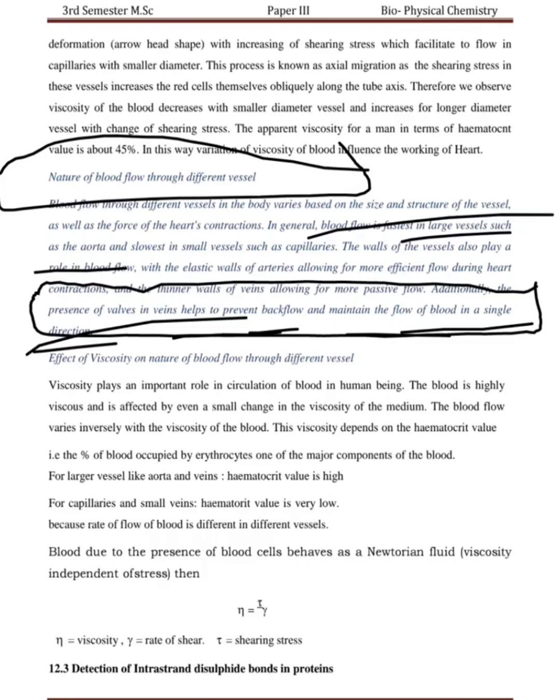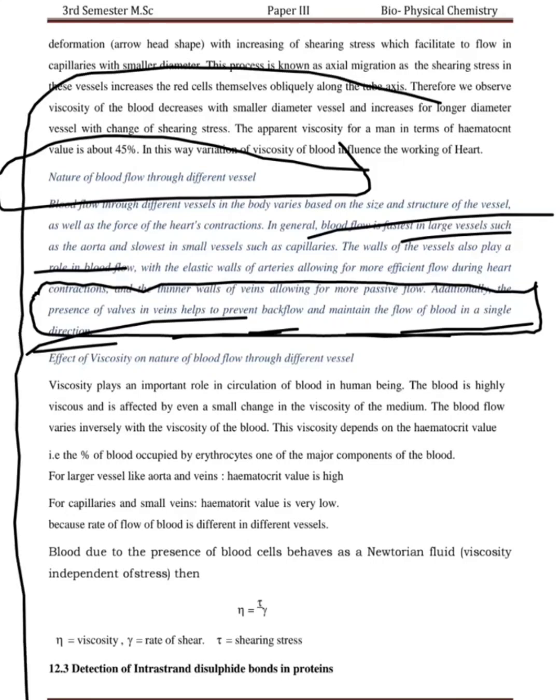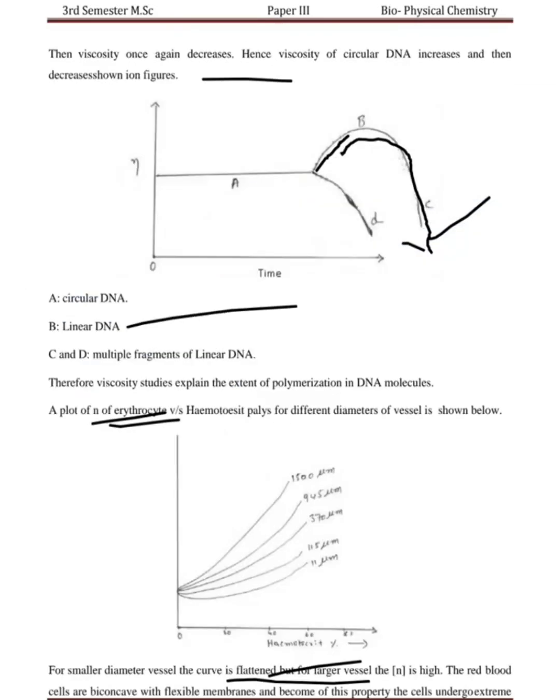So, what are the effects of viscosity on the nature of blood flow through different vessels? Viscosity means how it affects the blood flow through the different vessels. Why did this topic come up? Because of the viscosity due to DNA polymerization. It depends on the polymerization of DNA.